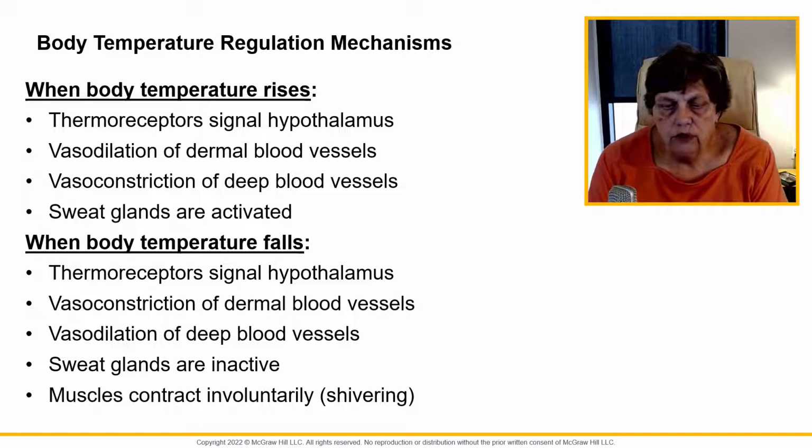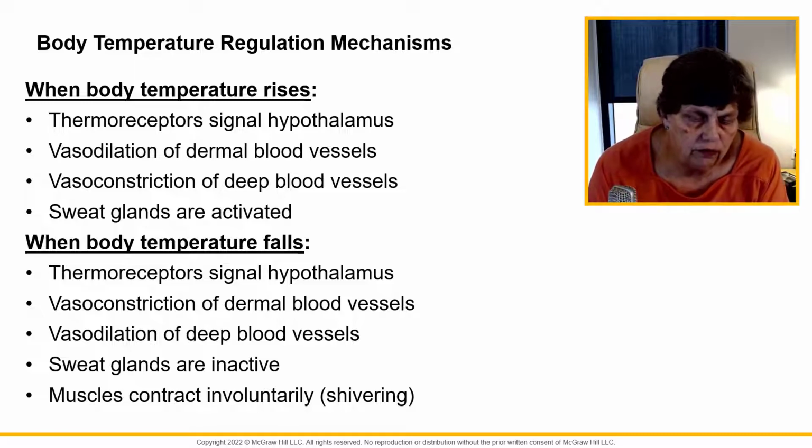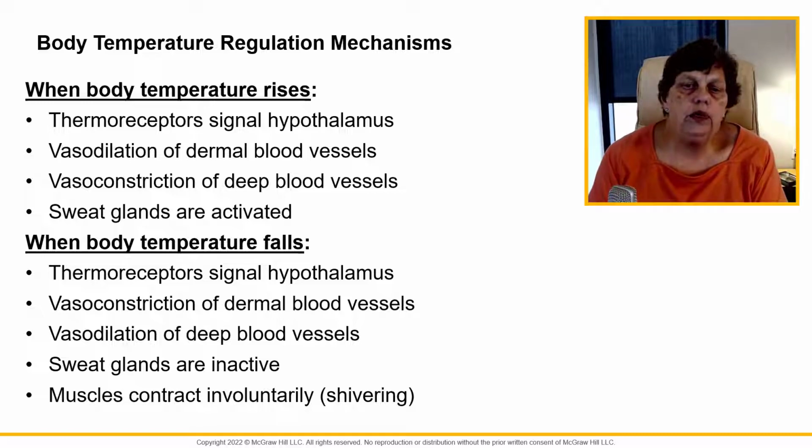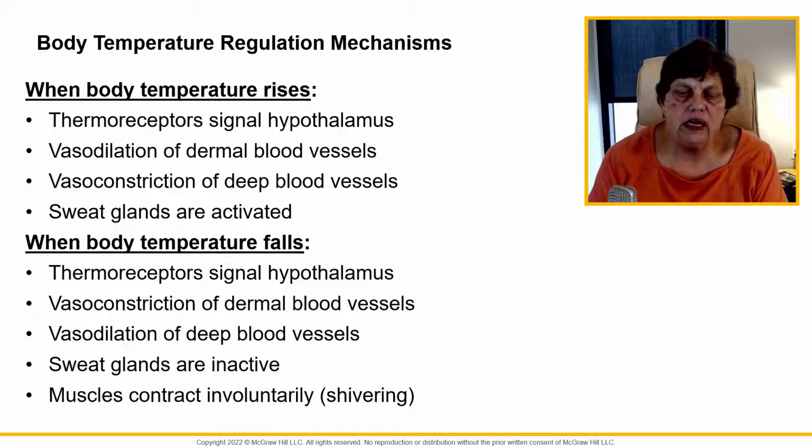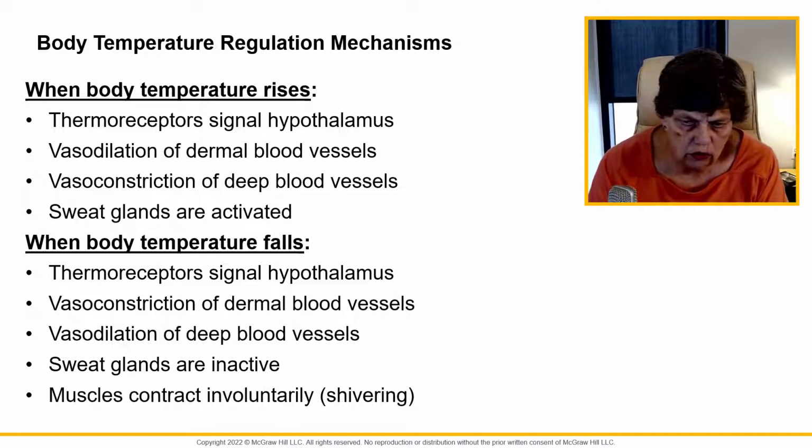When the body temperature falls, we get the same signal from the thermoreceptors, but we do the exact opposite in terms of the response. We vasoconstrict the dermal blood vessels.